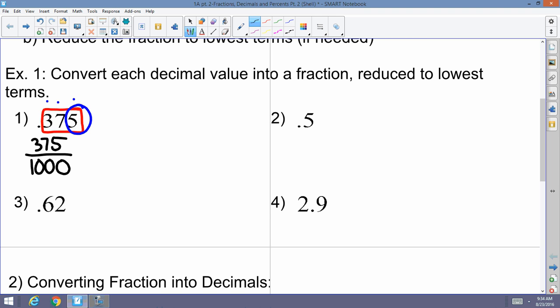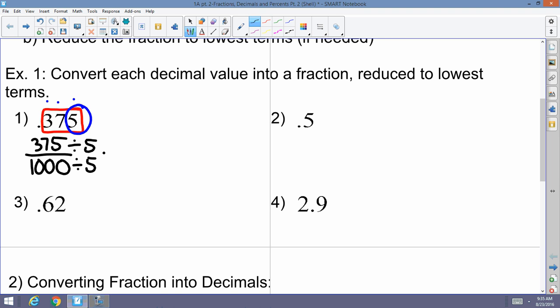And now we're going to go ahead and reduce. Since 375 ends in a 5 and 1000 ends in a 0, I can divide both the numerator and the denominator by 5. Remember, that's how we simplify.